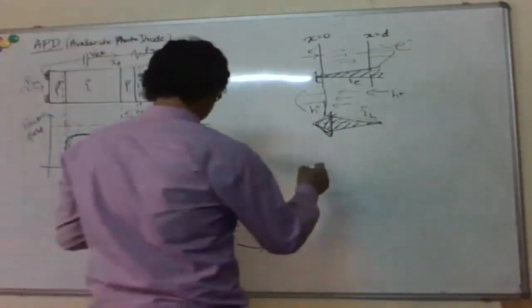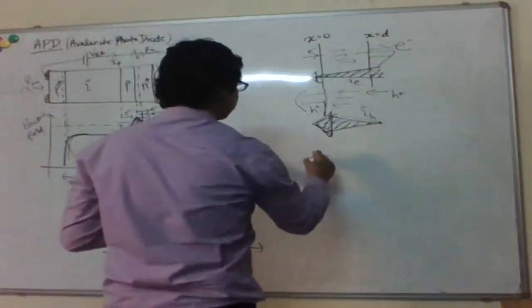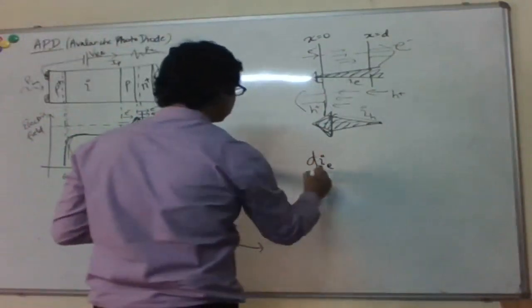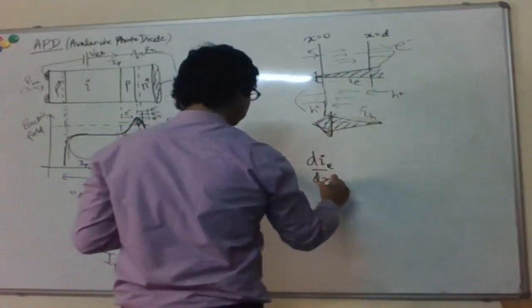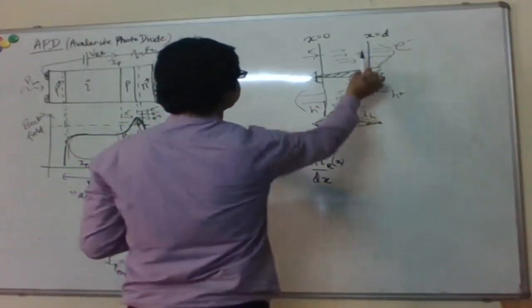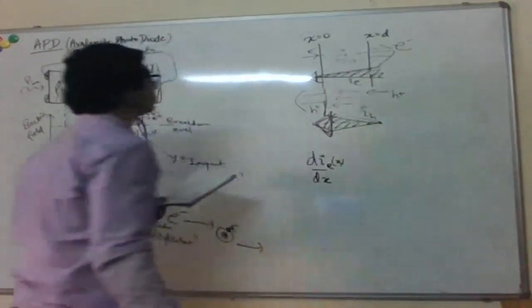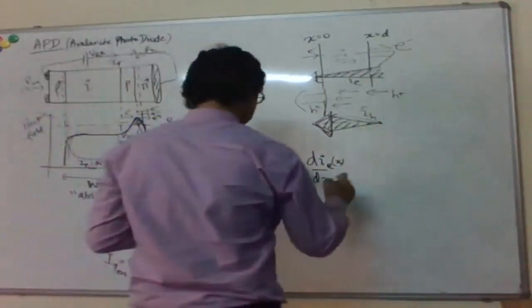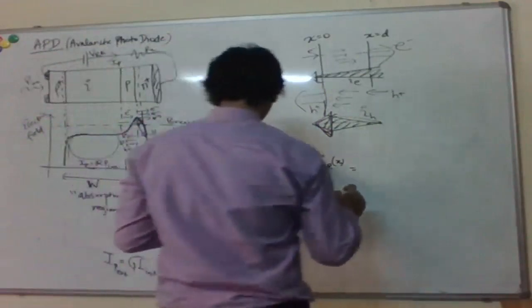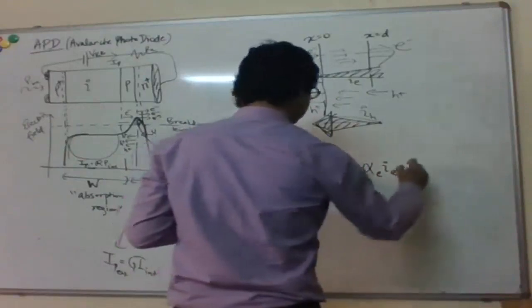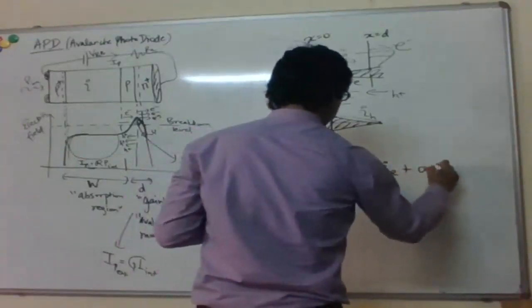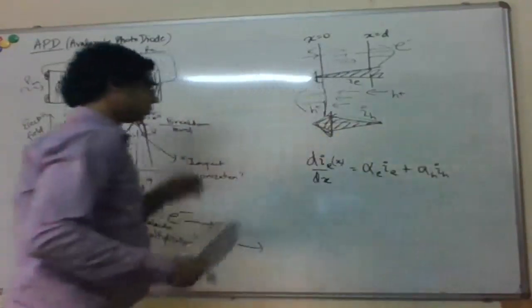Okay, so if I write, for example, how the electron current varies in this region, the current is a function of position x within this multiplication region. That I can write as a combination of two things.